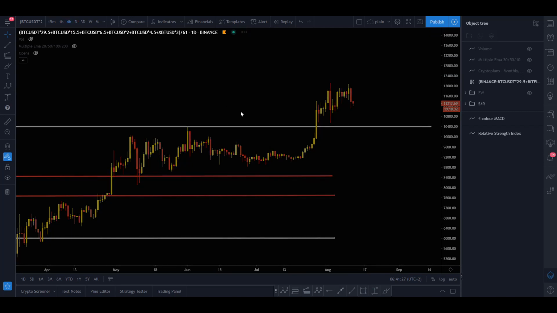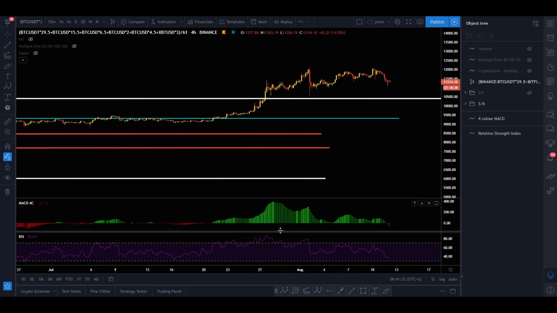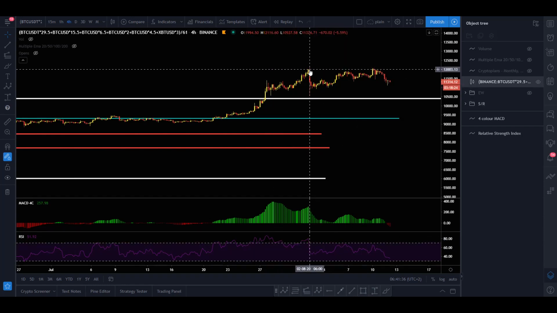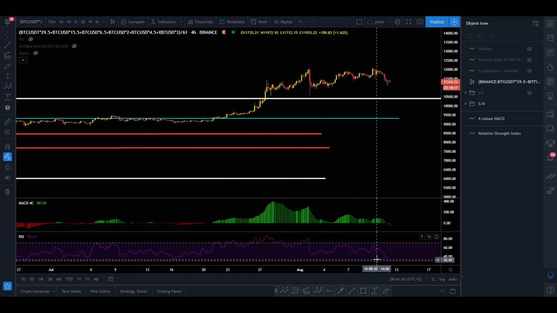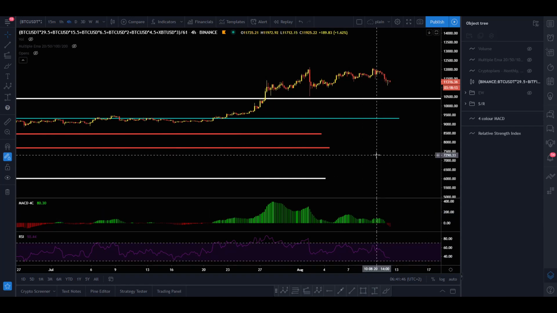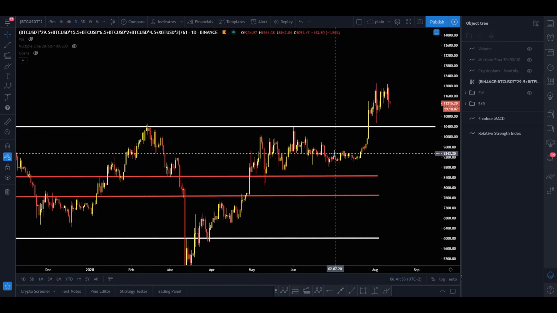And especially if you look at the 4-hour time frame, look how that bearish divergence played out. This is your top in price, this is your next top, and look how both the RSI and the MACD went down. Bearish divergence, and more or less a sign for upcoming reversal or correction.